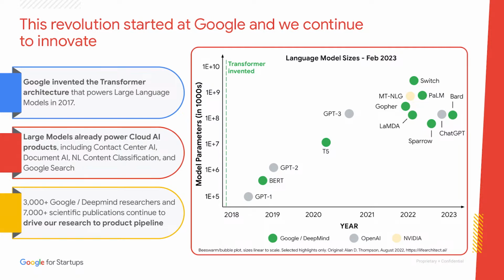So whatever you see in Google Cloud is directly derived from Google's research, and we are making sure that we are bringing the products from research to you in less than 2 years so that you can consume the latest AI technologies with Google Cloud.